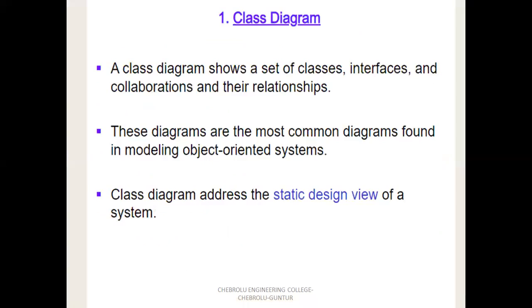First, the class diagram shows the set of classes, interfaces, collaborations, and their relationships. These are the most common diagrams found in modeling object-oriented systems. The class diagram addresses the static view of the system.